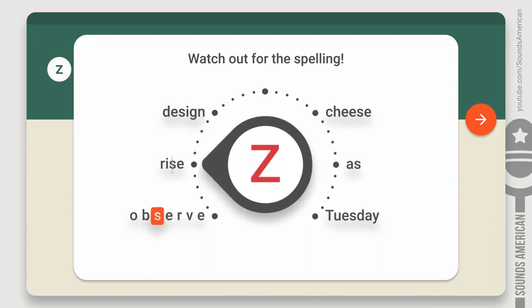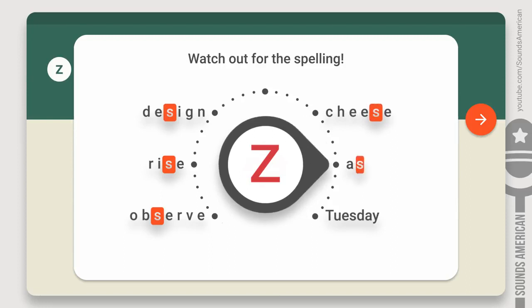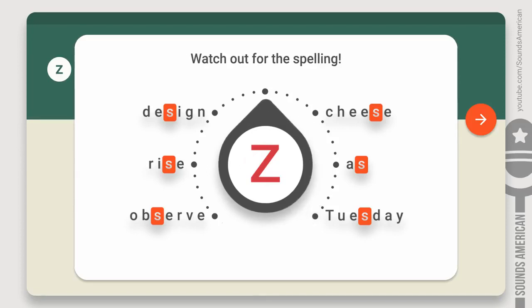Observe, rise, design, cheese, as, Tuesday. This may be a surprise, but in all these and many other words, the letter S is pronounced as the Z sound.